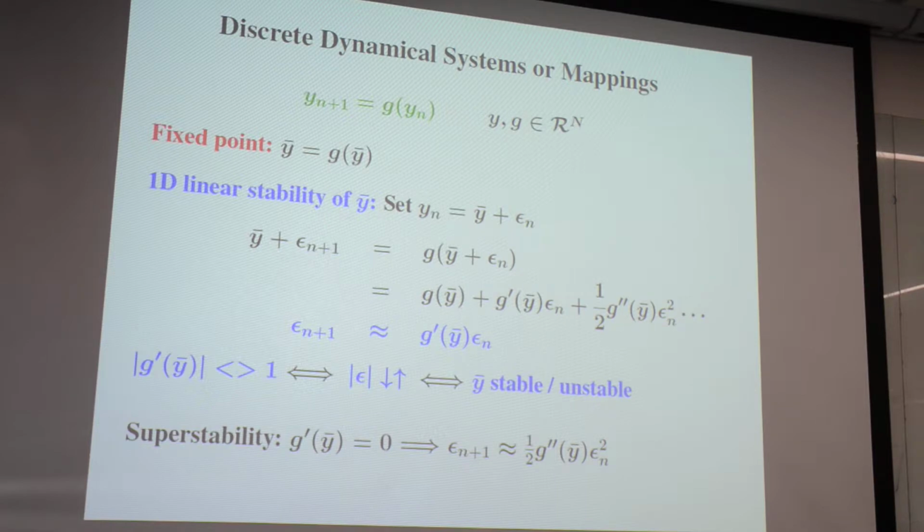If you're stable, you're going down like a power, but if g prime of y bar is 0, then you're going down faster than a power. This is always true if you do asymptotics and neglect higher order terms, and what's left is 0; then you should start with the higher order term, and you get quadratic decay rather than linear. In fact, that's what's behind the success of Newton's method.